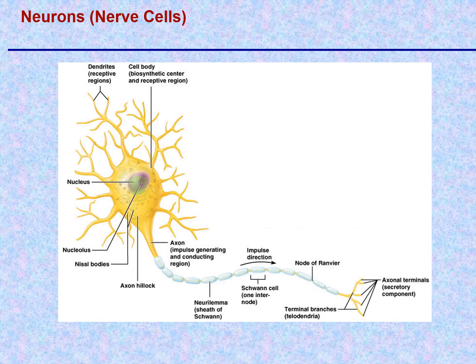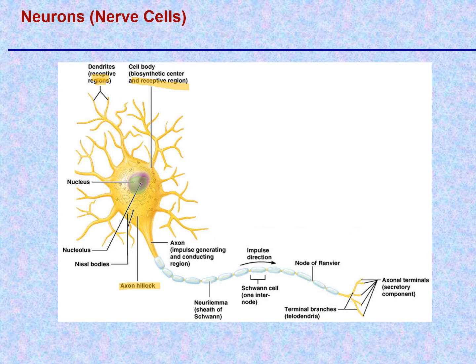As we look at the cell, you see the nucleus and the cell body, also sometimes called the soma. The dendrites are indicated as receptive regions, just as the cell body is a receptive region. This base of the axon is called the axon hillock.